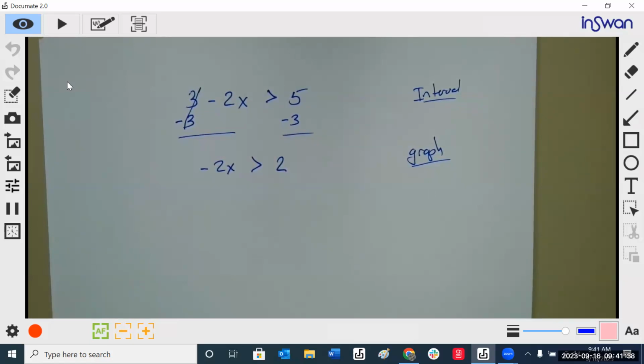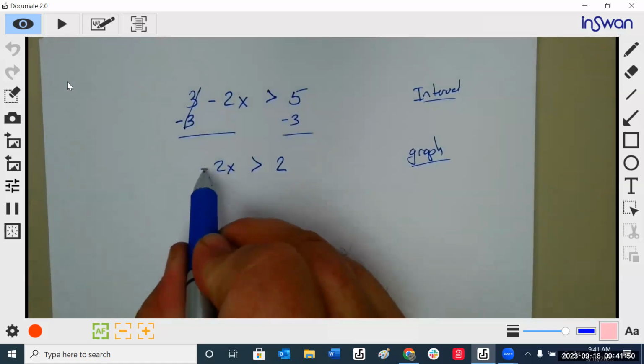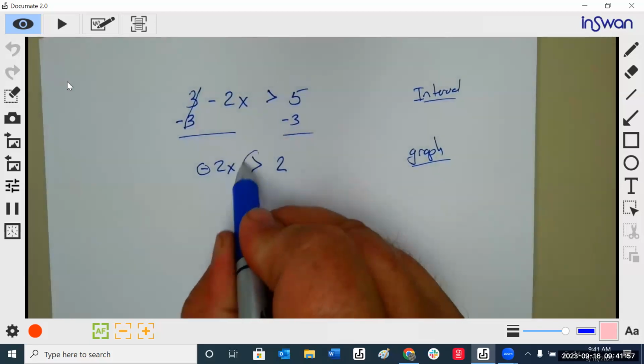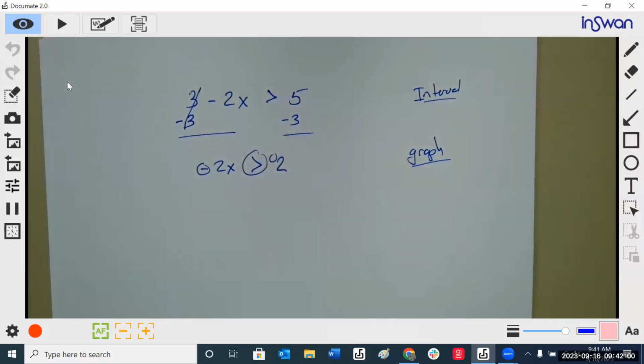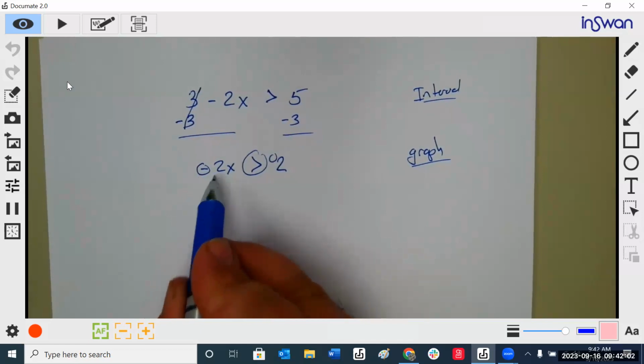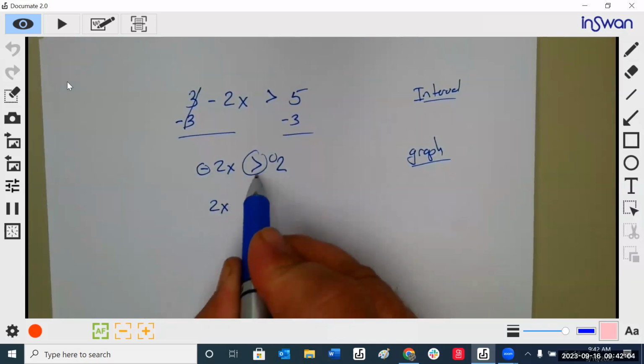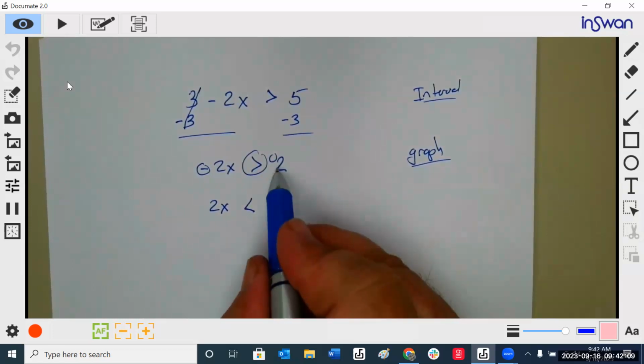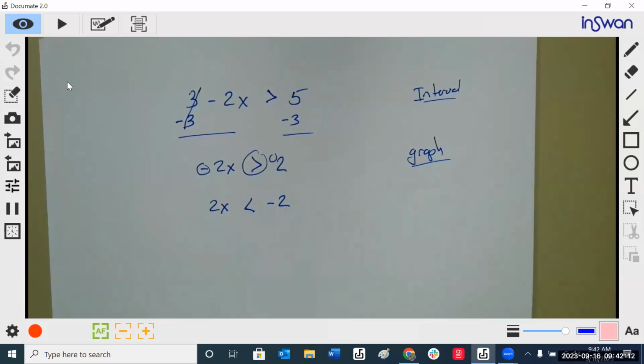Remember, never try to get away from dividing by negatives. So since X now is negative, we want to change the sign. Since we're changing the sign, everything across the board changes. This changes from -2 to +2. This changes from greater than to less than. This one changes from +2 to -2.